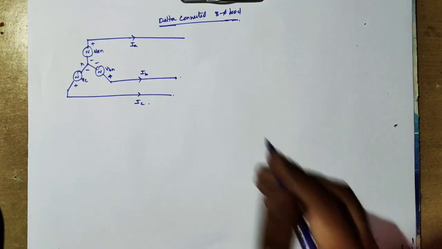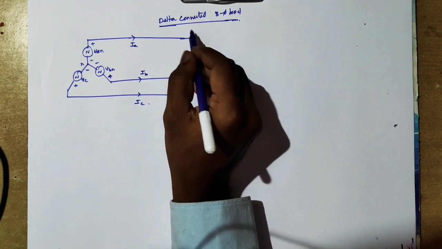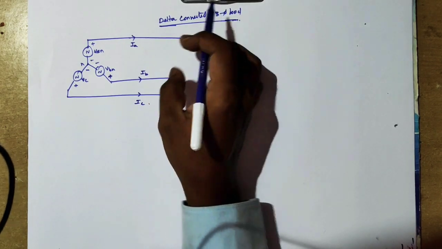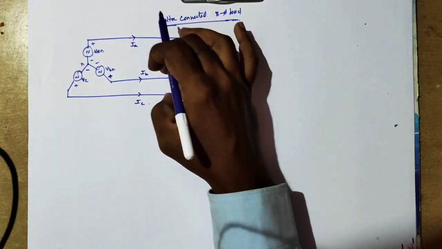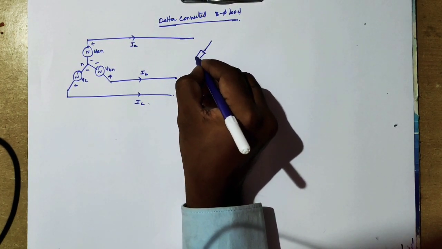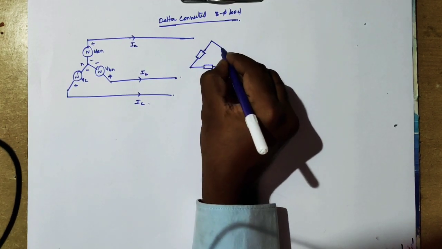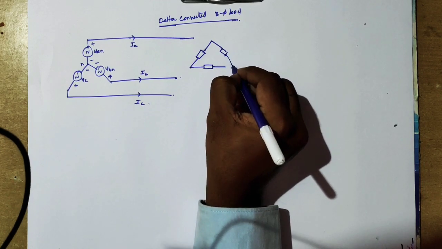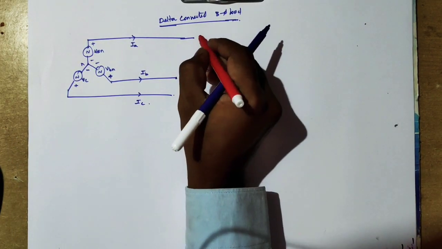Now I want to keep a load here. The load I'm taking is a delta connected load. So the lines coming out of the star source should be connected to the delta load, like this. This may be any motor, or any transformer primary.